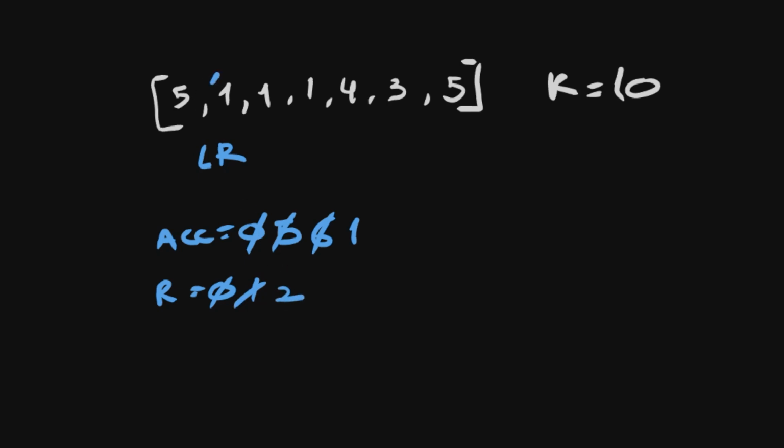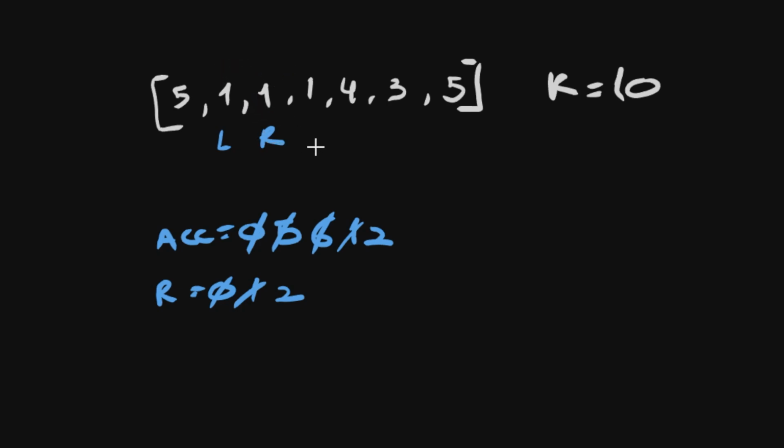Meaning this subarray is also valid. Next we update the right pointer and we add 1 to our accumulated, which is now 2. And 2 times 2 elements is 4, and 4 is smaller than k. So in this case we can add this array and this subarray to our result.